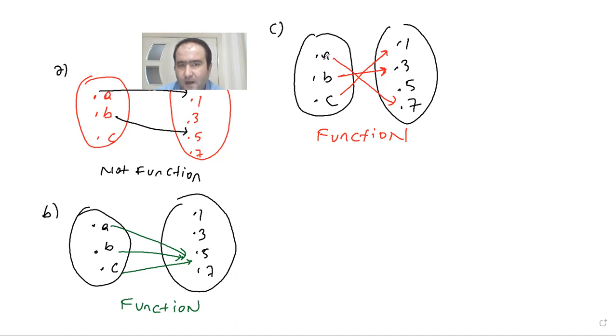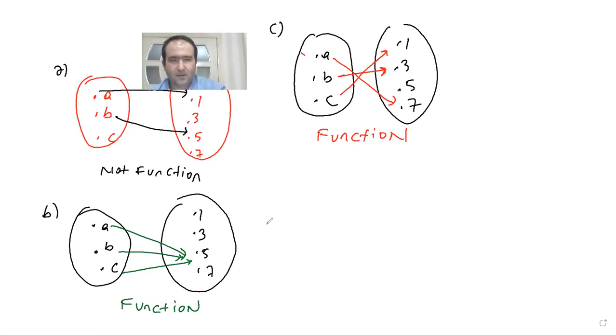All of our children go to mothers. Mother 5 has no children, it's normal. But in the domain set, all elements must have a mother.